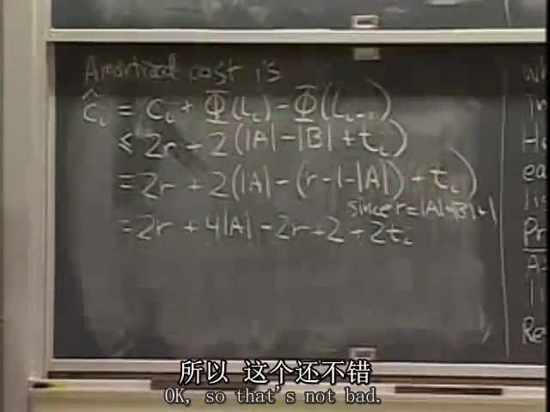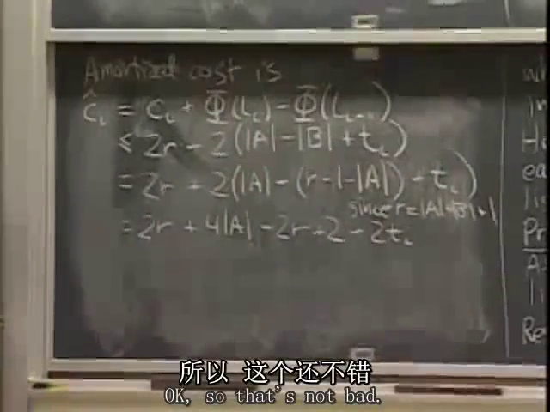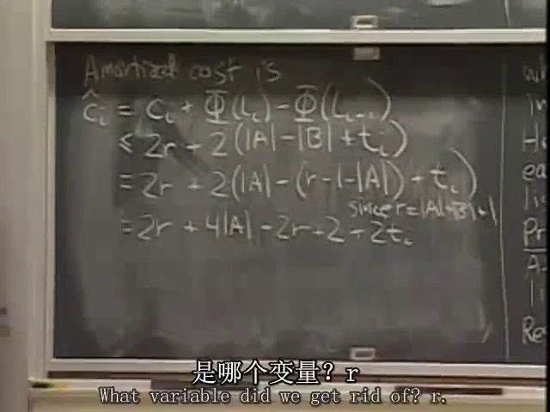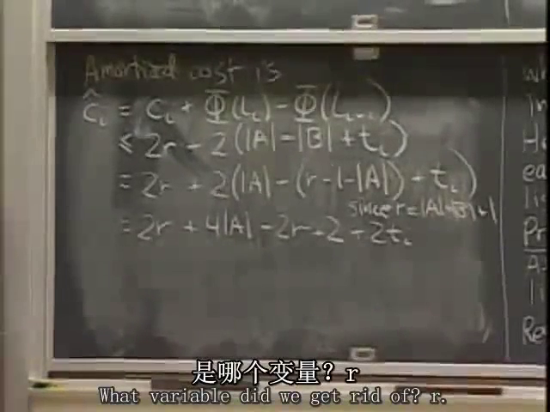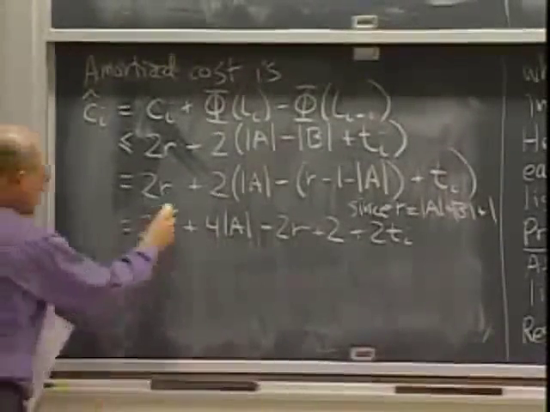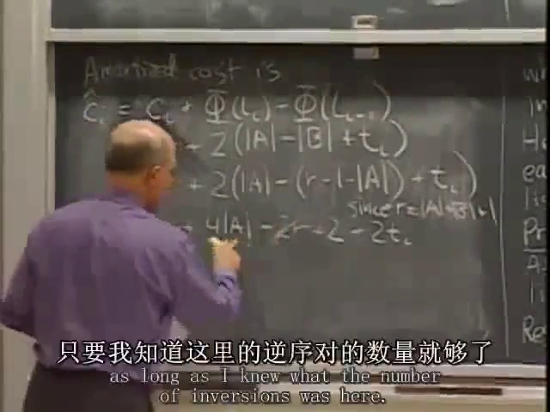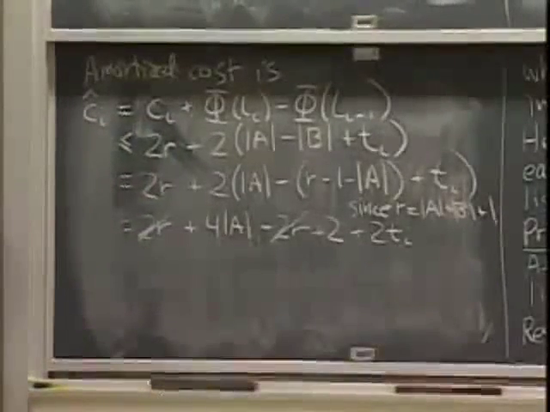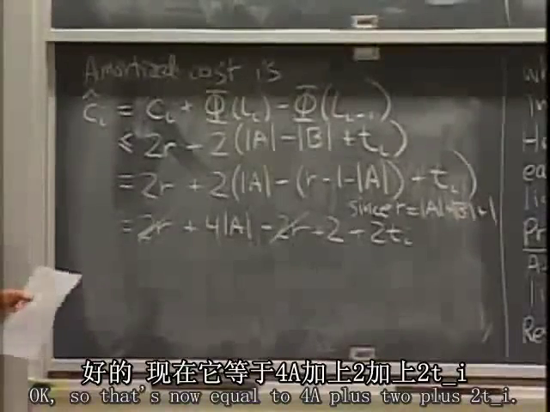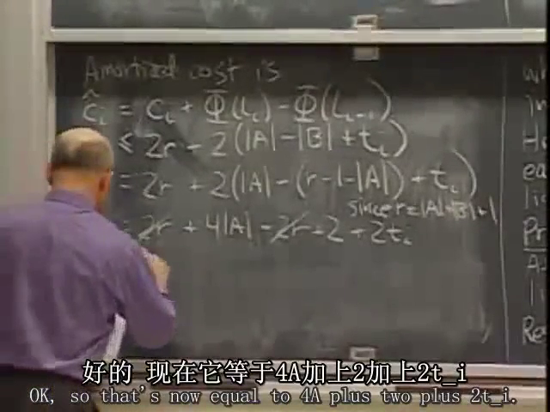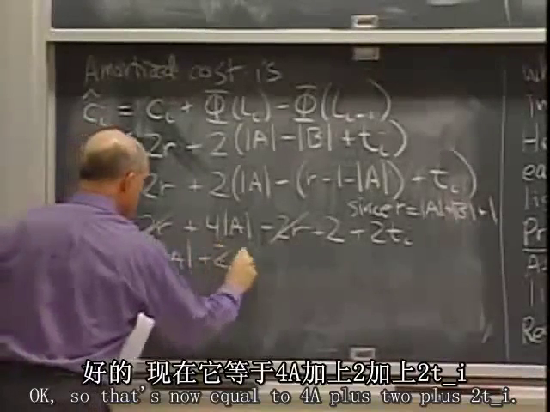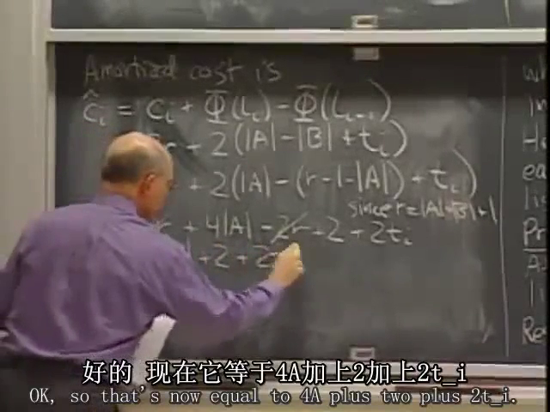So that's just algebra. That's not bad. We've just gotten rid of another variable. What variable did we get rid of? r. It didn't matter what the rank was as long as I knew what the number of inversions was here. So that's now equal to 4a plus 2 plus 2ti.